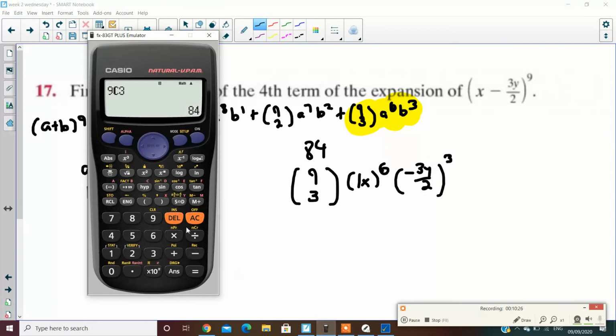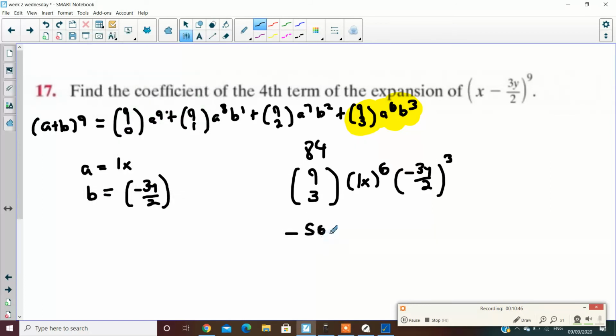So it's going to be 84 multiplied by minus 3 over 2 to the power of 3. Minus 567 over 2 x^6 y^3. We good?